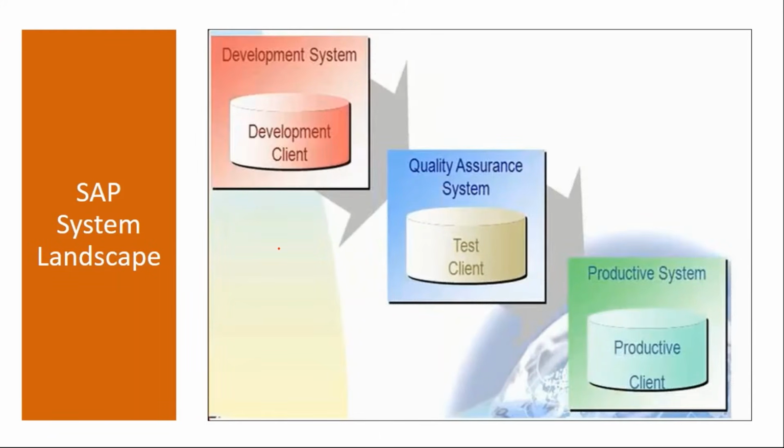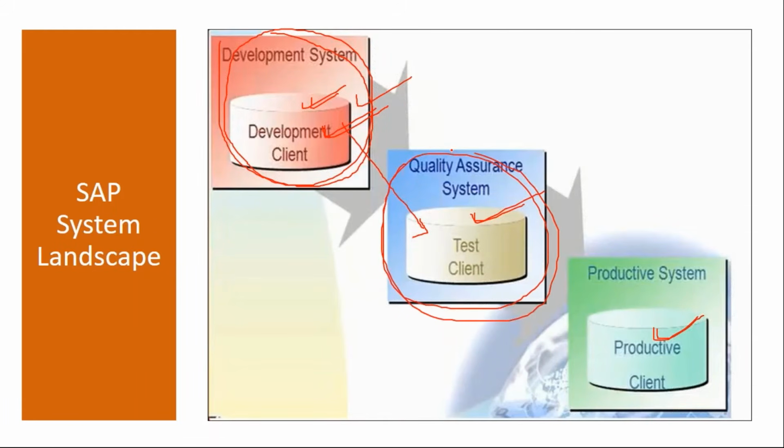Normally in any typical SAP implementation, or SAP landscape, we have three servers. One is the development server, then the quality server, and the production server. The development system is where all the development and design activities happen. The consultant will do all the design and configuration in the development system according to the business requirements. Once development and design are done and initial testing is complete, they move everything to the quality system, the testing system.